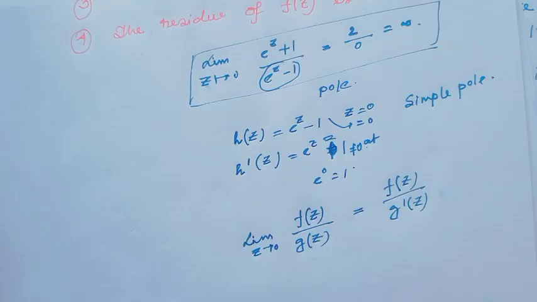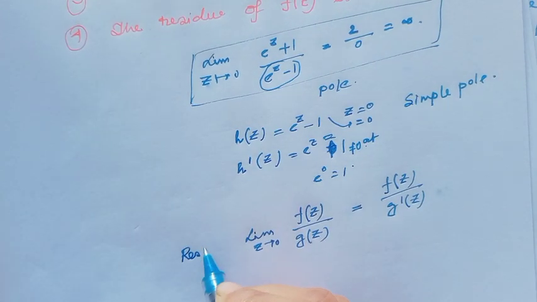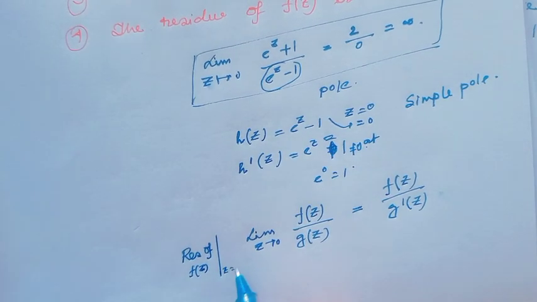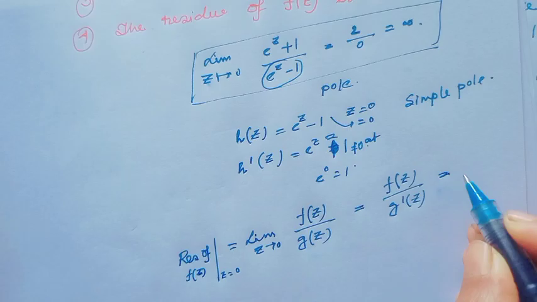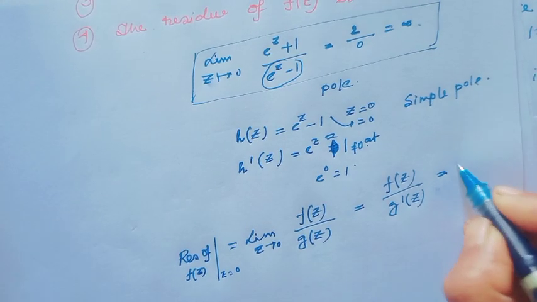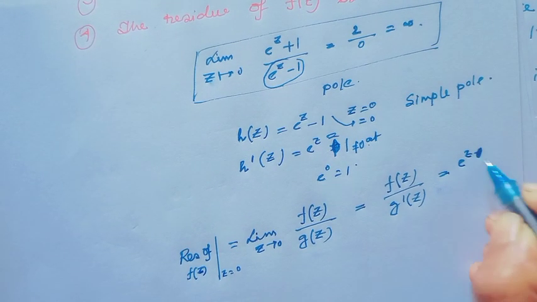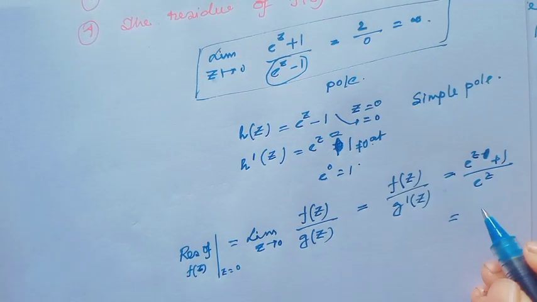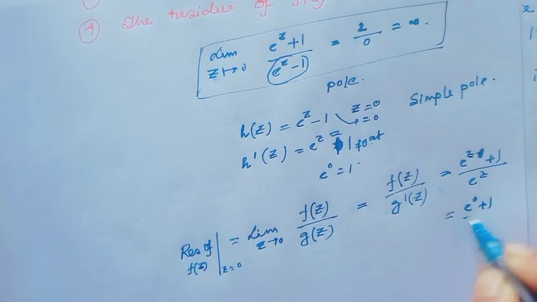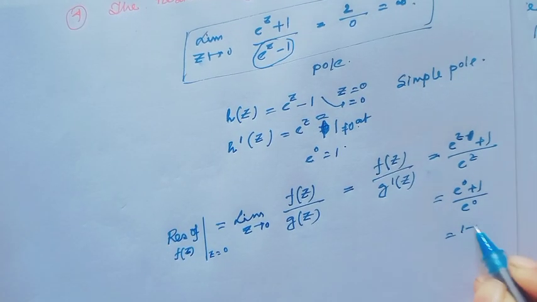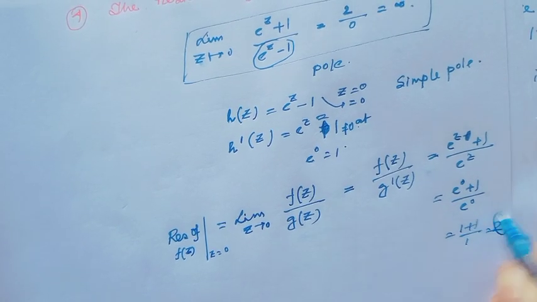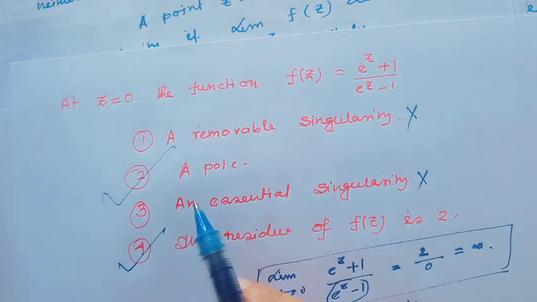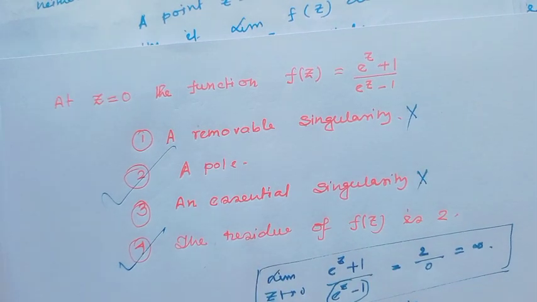Here f(z) means e to the power z plus 1 and g prime (z) means e to the power z. This value is (e to the power 0 plus 1) over e to the power 0, which is (1 plus 1) over 1, which is 2. So the residue of f(z) is 2 at z equal to 0. So option 2 and option 4 are the right options.